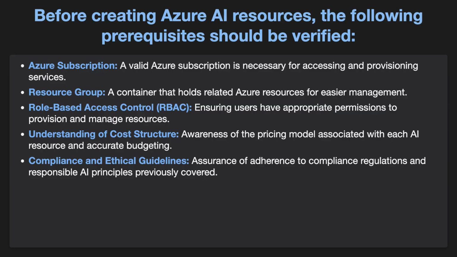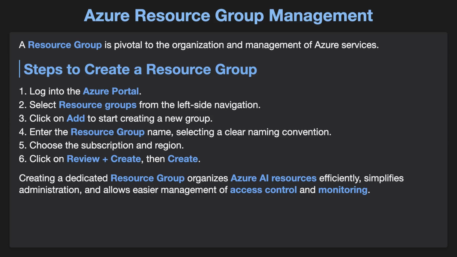Understanding of cost structure. Awareness of the pricing model associated with each AI resource and accurate budgeting. Compliance and ethical guidelines. Assurance of adherence to compliance regulations and responsible AI principles previously covered. A resource group is pivotal to the organization and management of Azure services.